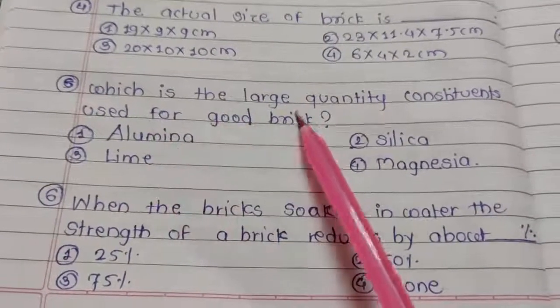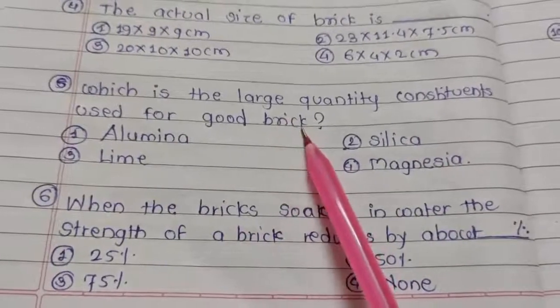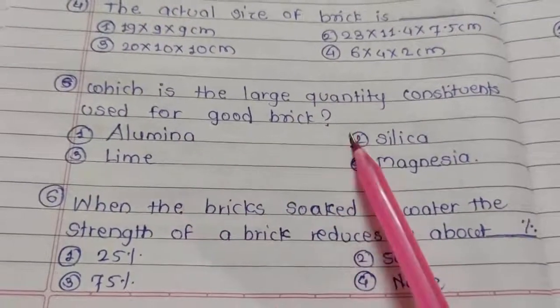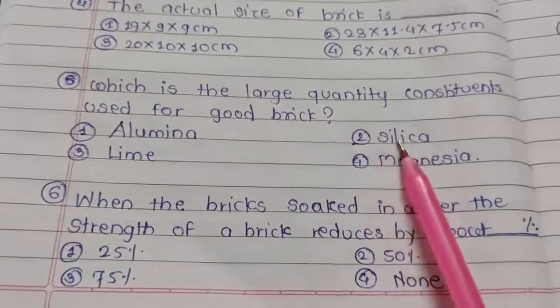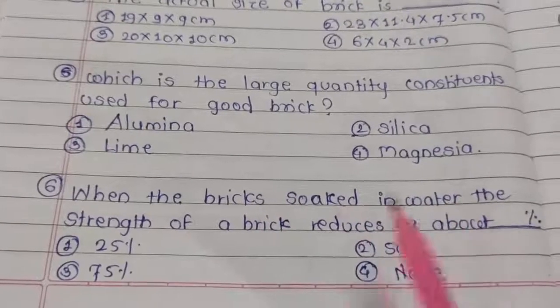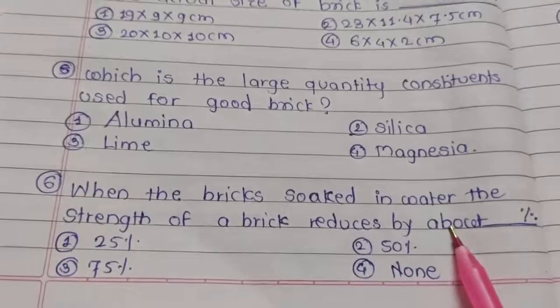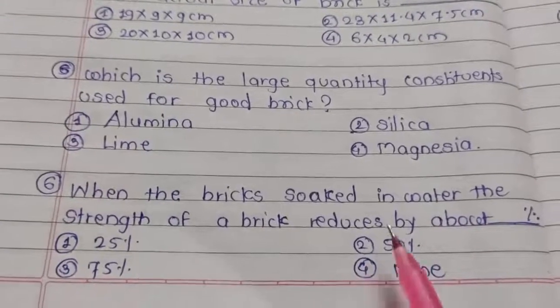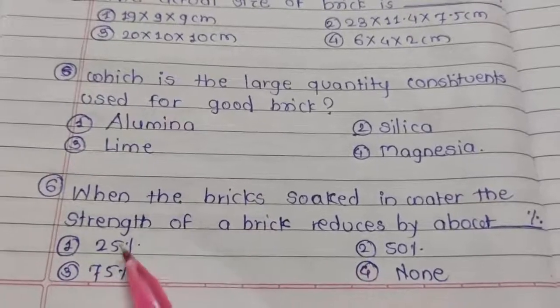Which is the large quantity constituents used for good brick? Alumina, silica, lime, magnesia. Answer is silica. When the bricks soaked in water, the strength of a brick reduced by about 25%, 50%, 75%, none. 25%.